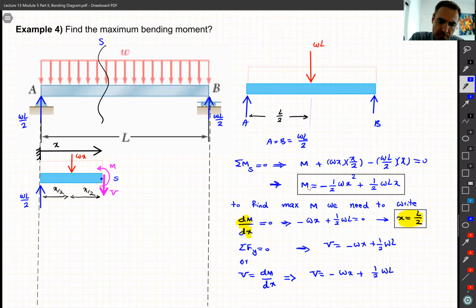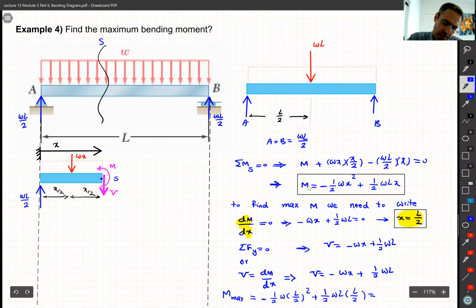M maximum is equal to half of W L divided by 2 squared... plus half of WL times L divided by 2. If I simplify it, it's going to give me WL squared divided by 8. All right? And that's a good formula to remember.